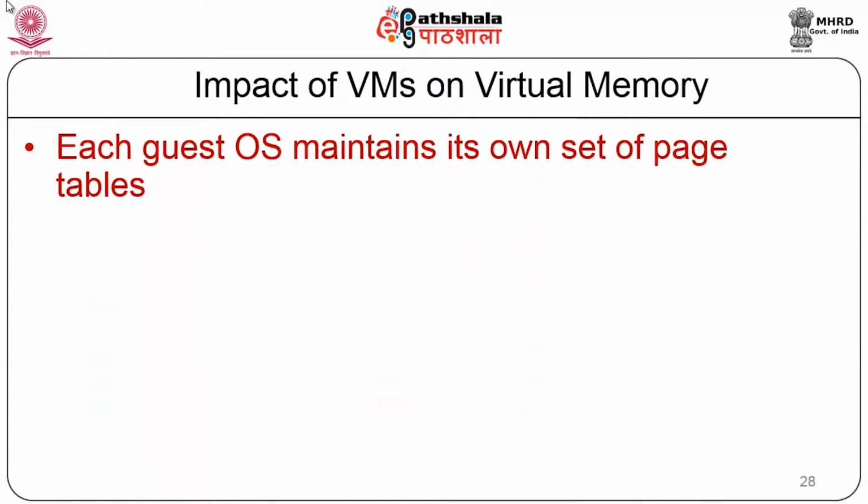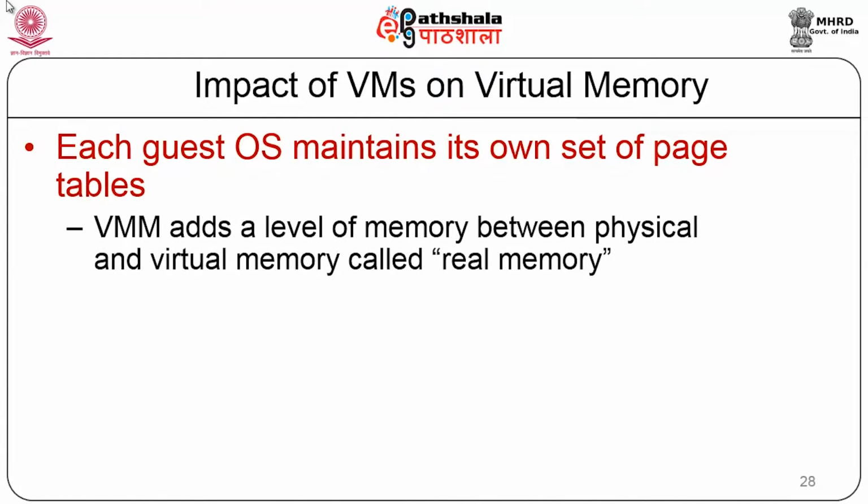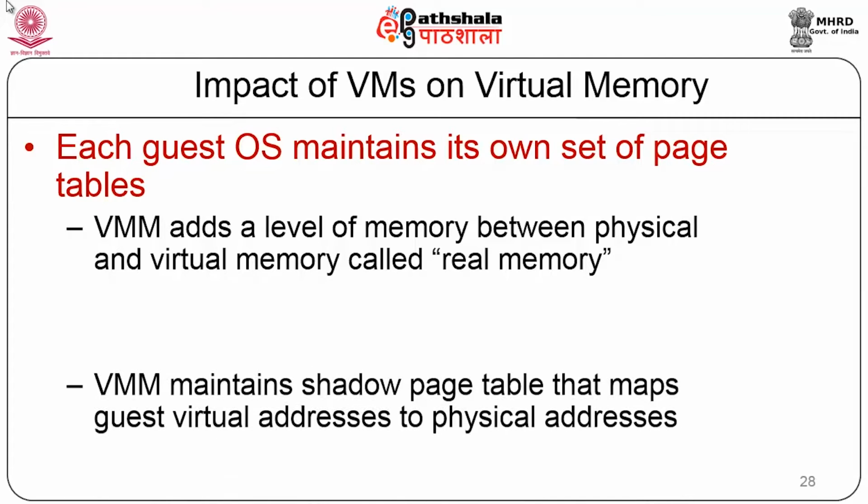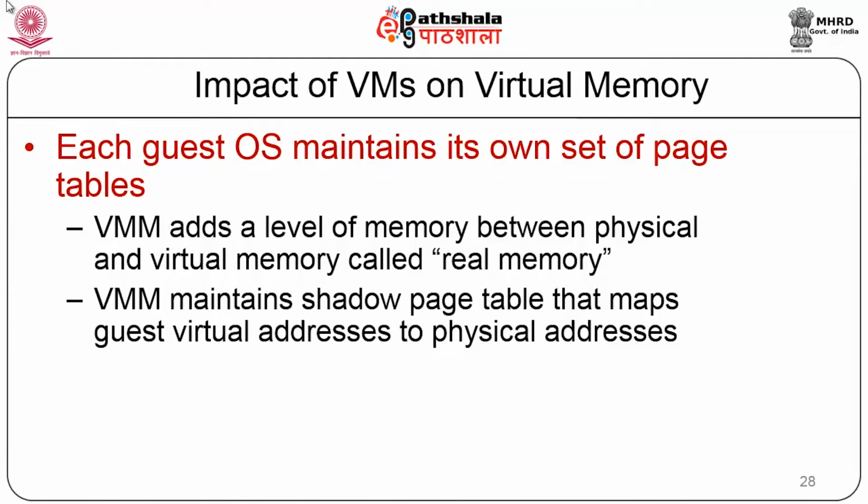And what is the impact of virtual machines on virtual memory? You can have multiple operating systems running on each of these virtual machines, and each guest OS maintains its own set of page tables. So, the virtual machine monitor adds a level of memory between the physical and the virtual memory, called the real memory, and the manipulation happens there.